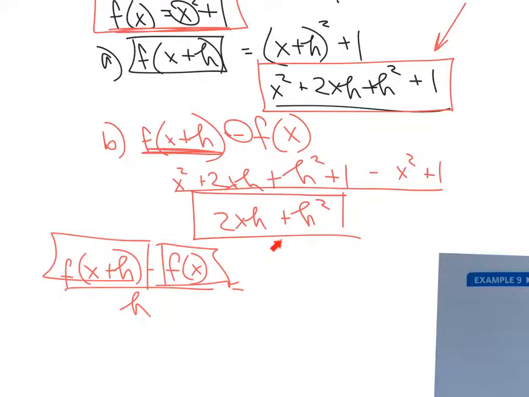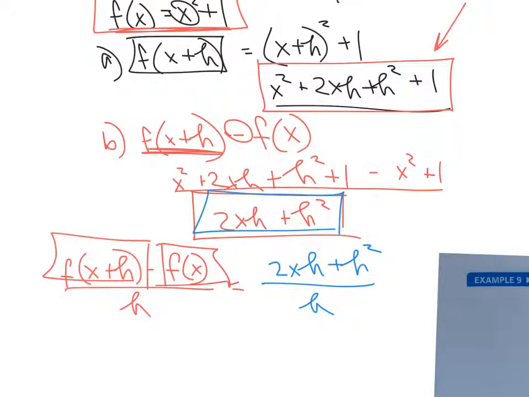And then that's going to be over h. All right, so f of x plus h minus f of x, that's what we have here, is this here. So we already did that earlier in B, so we can just write that as this, over h. That's nice, we don't have to redo it.